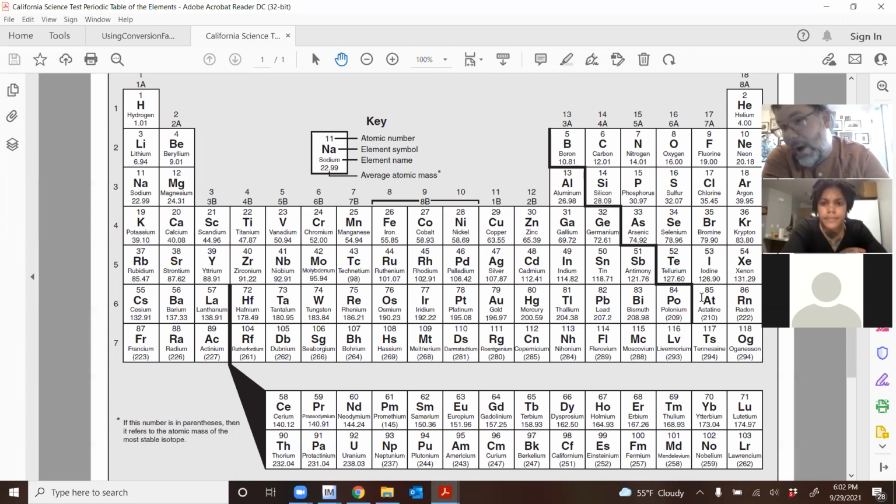If it's on the right-hand side, a non-metal. It turns out that the closer we get to that line, the less metally our metals are, and the closer we get to that line on the other side, the less non-metallic our non-metals are. But for right now, that'll be our line of demarcation between the metals and the non-metals, all right?